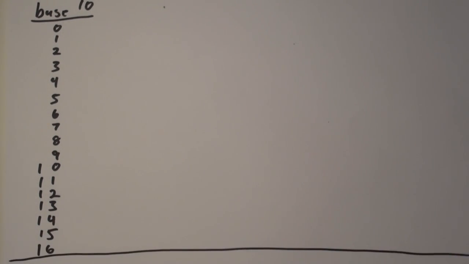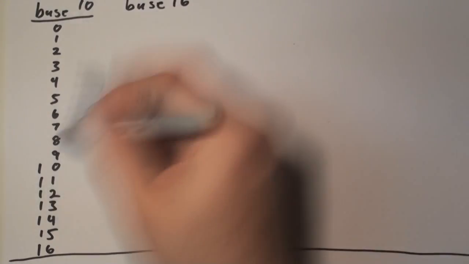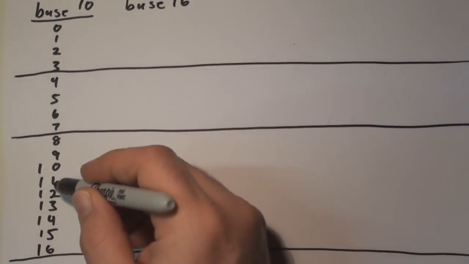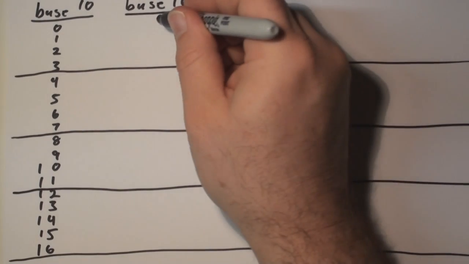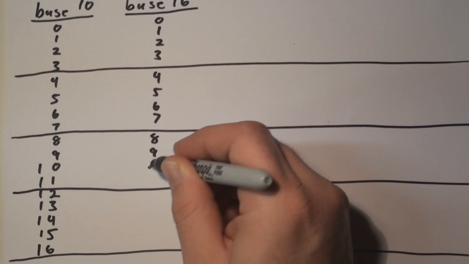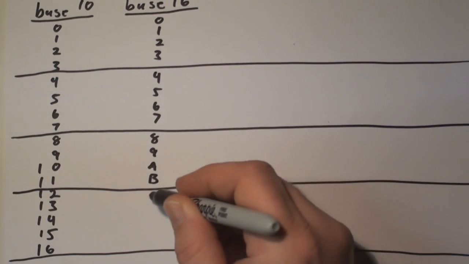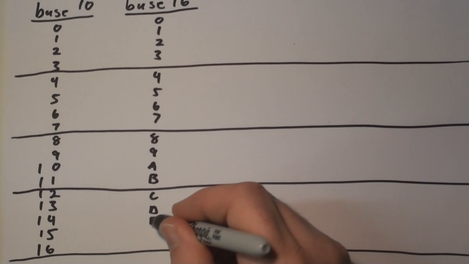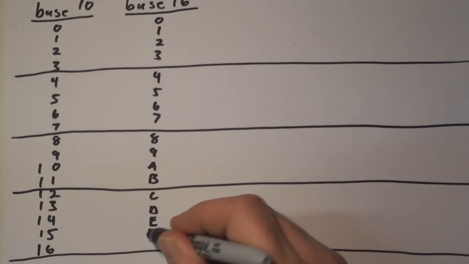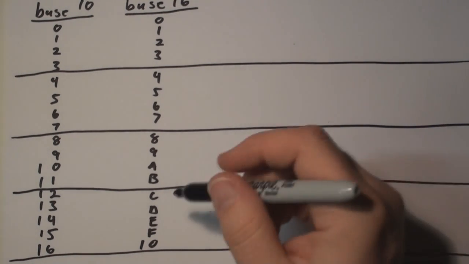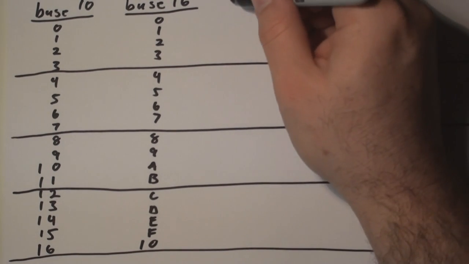Base 16, it's the same thing that is going to go on here. I'm going to draw some lines here so that I can keep things lined up. So in base 16, we count from 0 to 9. But we have more digits, so we don't have to stop at 9. We could go to F. But now that I've run out at F, I reset to 0 and increment the next column over.